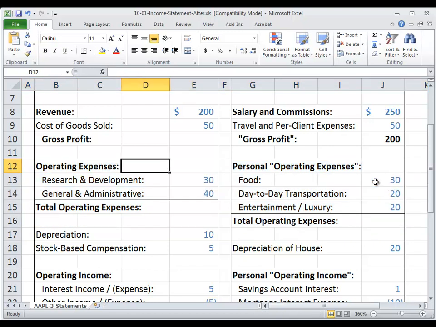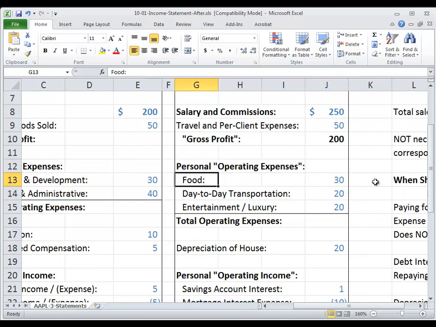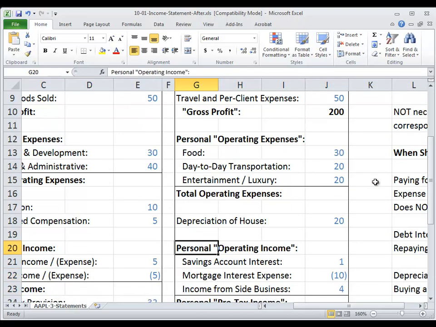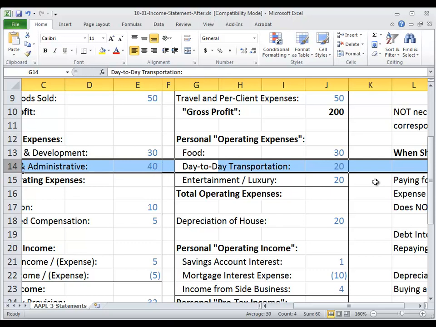So for a person, food might be a major expense, rent might be a major expense as well, although we're not going to include that here because we're assuming that this person actually owns his own house, so there's no rent here. Day-to-day transportation, so commuting for pleasure, commuting to get to work in the first place, anything that's not directly linked to making additional money, any type of necessary transportation here.